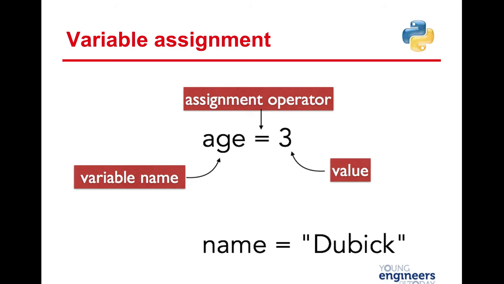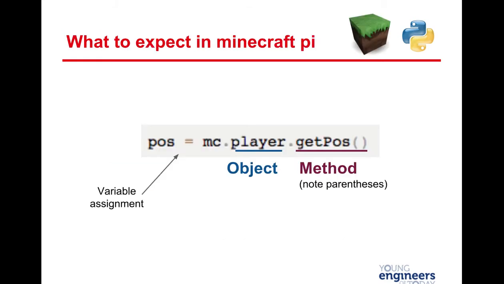You can remember how variable assignment works, right? A variable name, and you can assign a value to it. In Minecraft Pi, which you guys will be getting to very soon, you're going to have a variable, and you're going to see these object method lines where your object is the player, and the method get position. Note that the parentheses are still there.